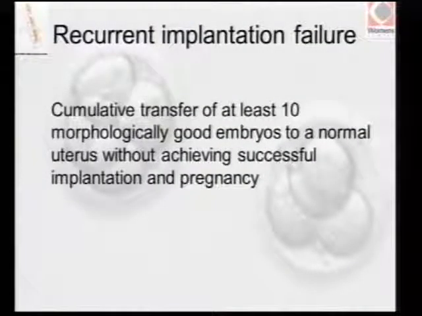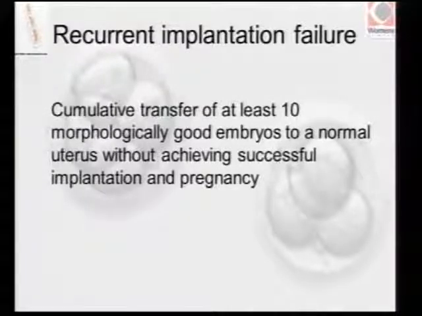So what exactly is recurrent implantation failure? When you've transferred at least 10 morphologically good embryos into a normal uterus and you still don't get a successful implantation or pregnancy, it's failed implantation or recurrent implantation failure for that particular patient. This number has actually come down over a period of time, because this was at a time when we were replacing 3 good embryos per transfer.